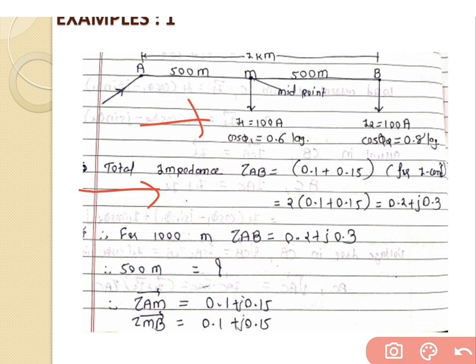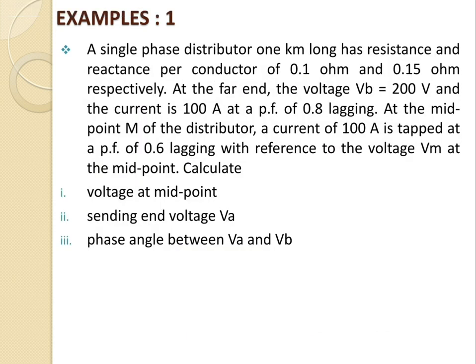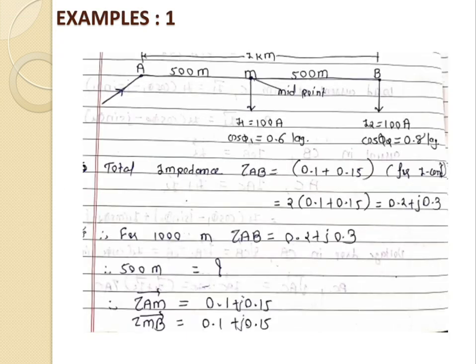Here we are dealing with a single phase AC system, so we have to assume a 2 wire system. That's why we multiply by 2. The resistance is 0.1 and the reactance is 0.15, so the equation becomes 0.2 plus j0.3.